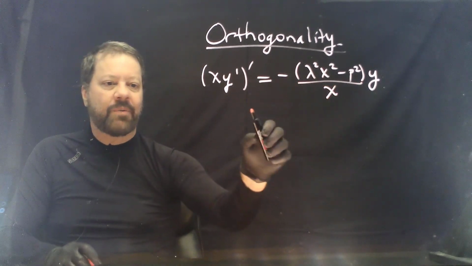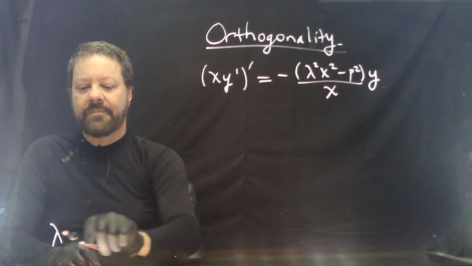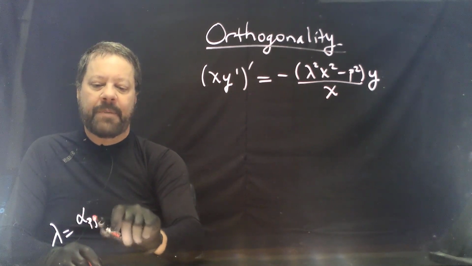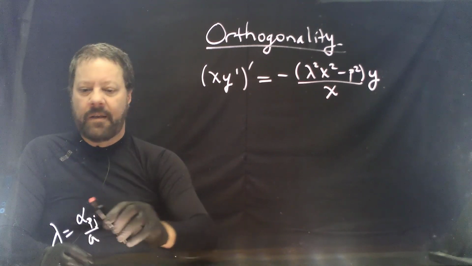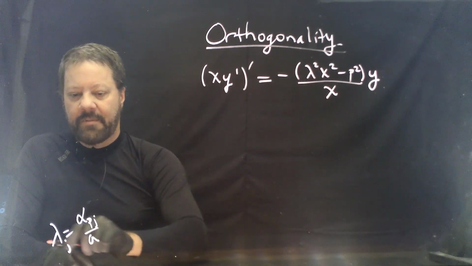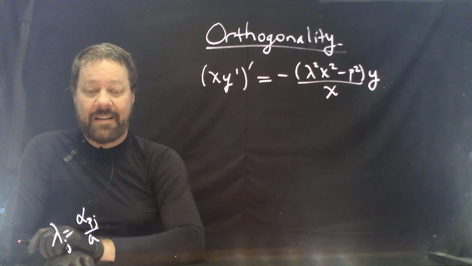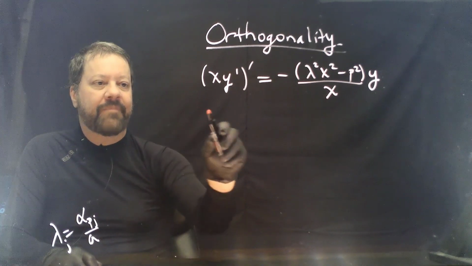And keep in mind, we're assuming here that λ is α_pj over a. We'll abbreviate this by λ_j, just for the sake of brevity.